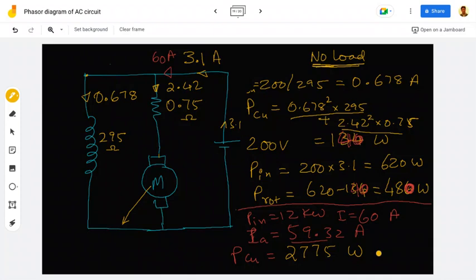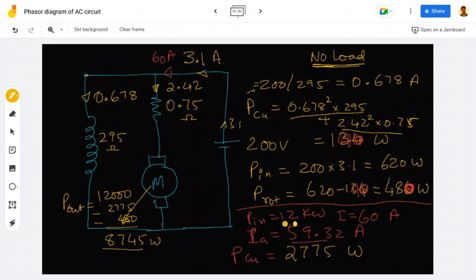The output is 12,000 minus 2775 minus 480, so 8745 is the output.